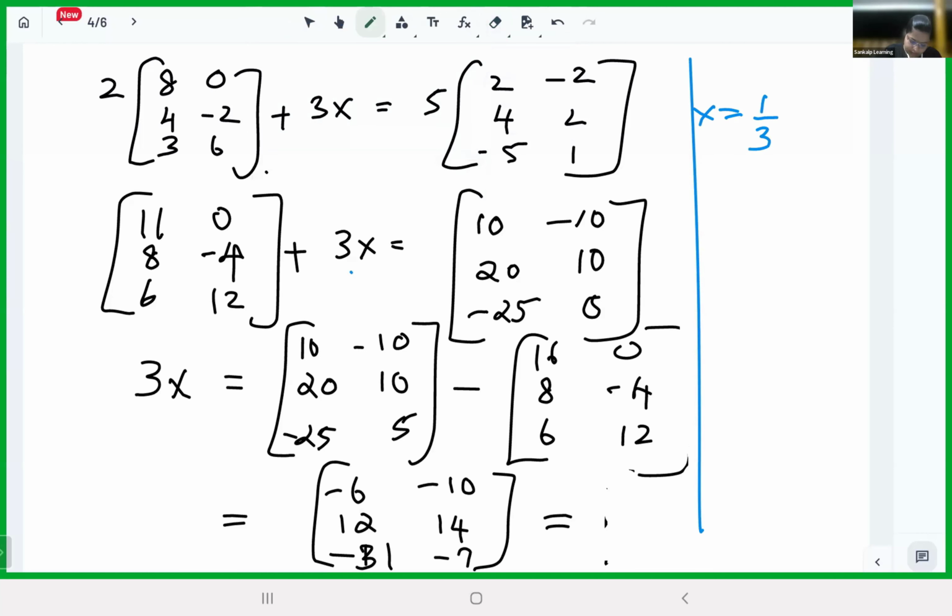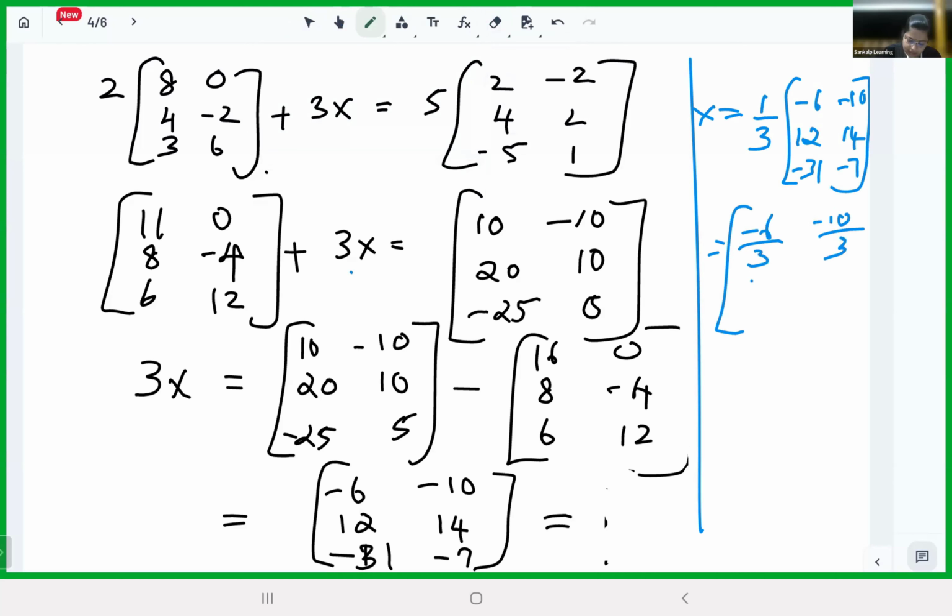So 1 by 3 of minus 6, minus 10, 12, 14, minus 31, minus 7. That is equal to the matrix minus 6 by 3, minus 10 by 3, then 12 by 3, 14 by 3, minus 31 by 3, then minus 7 by 3.